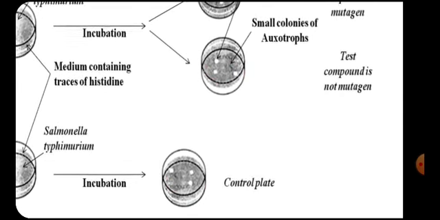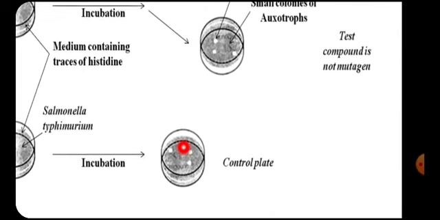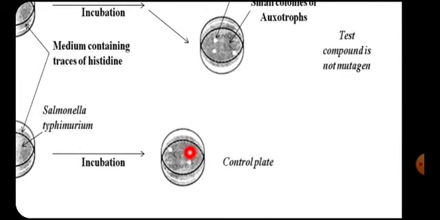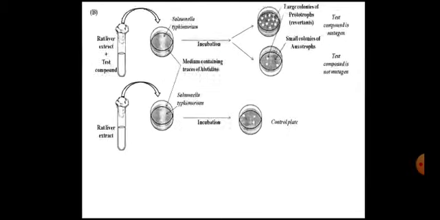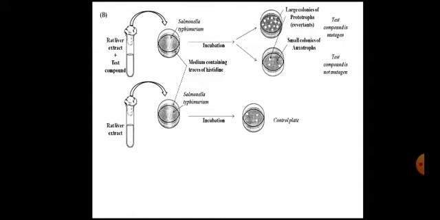Compare this plate with this control plate. Here we can see these large colonies are the results of spontaneous mutation, and this plate will also show the presence of small colonies of auxotroph. So this indicates that the test compound is not a mutagen. So this is how the efficiency of this test can be increased by the addition of this rat liver extract.